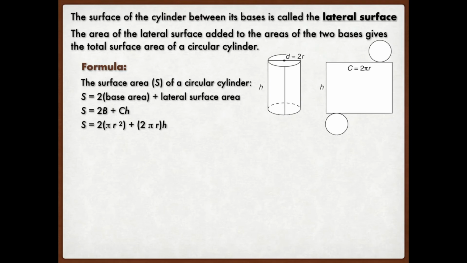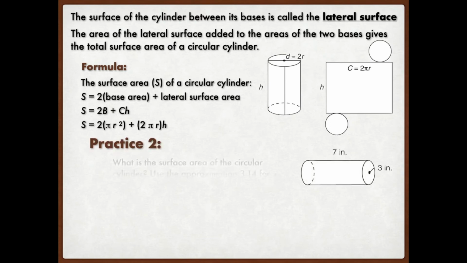So we have pi times radius squared times 2, because there's 2 of them, plus our lateral surface. Now the lateral surface is going to be C times height. Remember, C is circumference, 2 pi times radius. 2 pi times radius times height would give us CH.